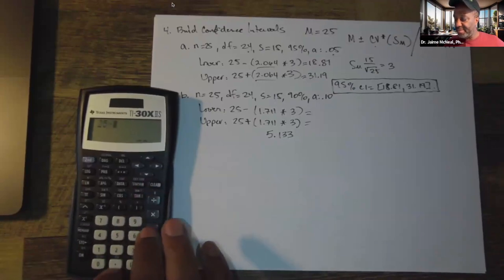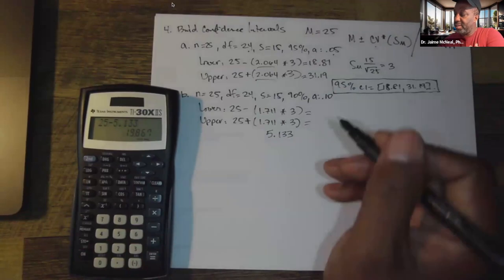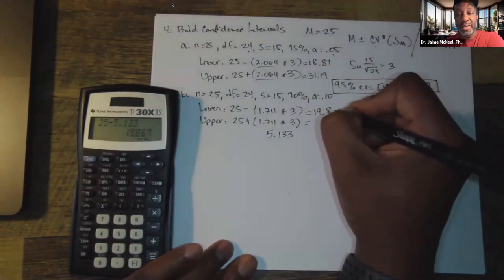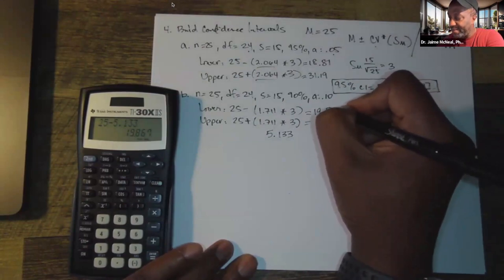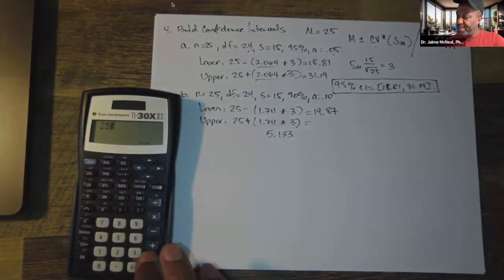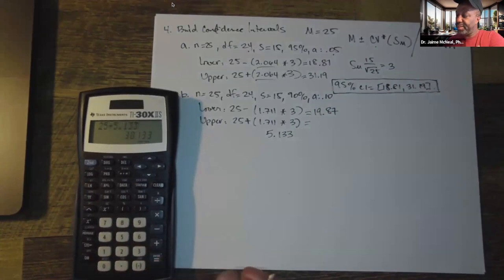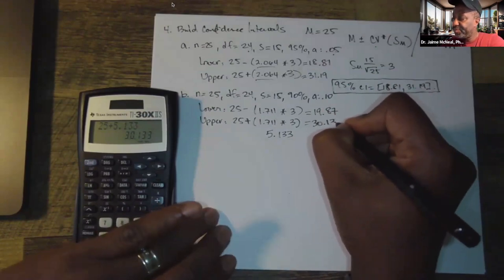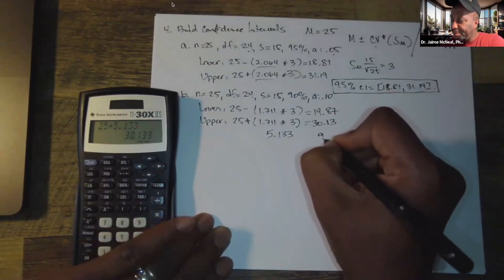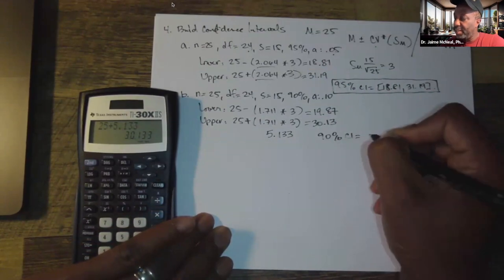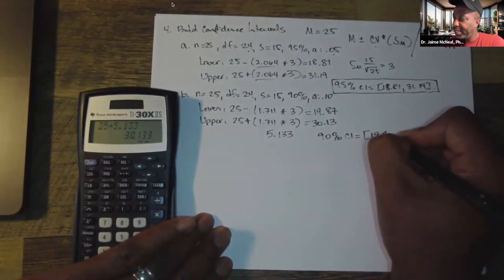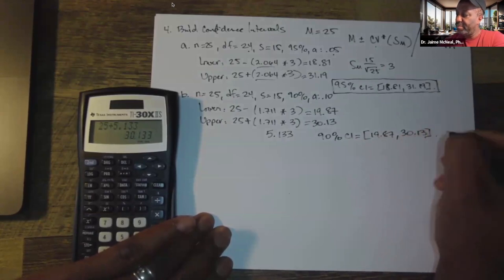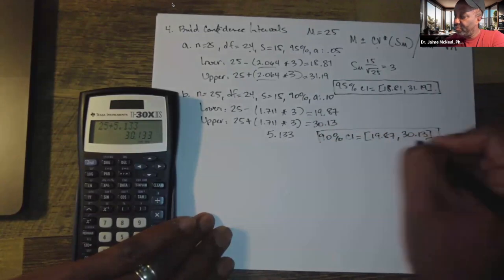So 25 minus 5.133 is 19.867, 19.87. And 25 plus 5.133 is 30.133. So this time our 90% confidence interval is 19.87, comma, 30.13. That makes sense, right?